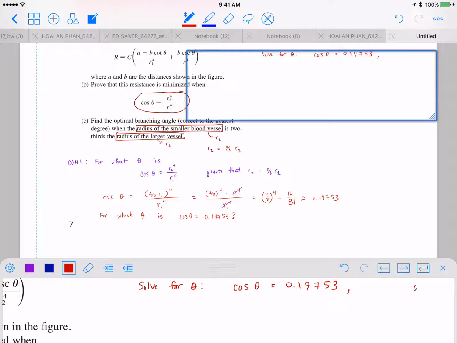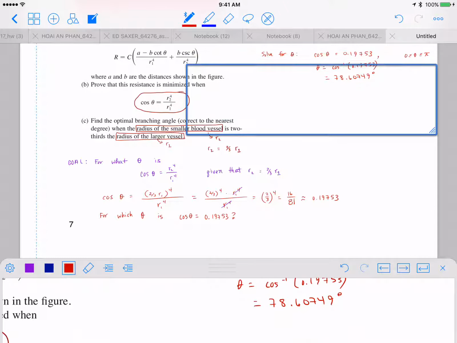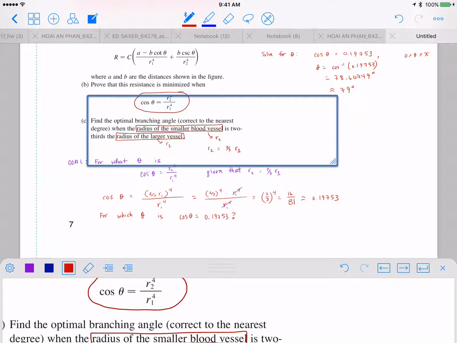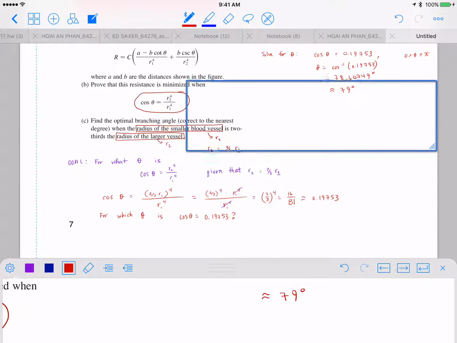Given the constraint, I believe the constraint we had was that theta needs to be between 0 and pi. We are essentially asking for cosine inverse of 0.19753. Okay, and that gives us 78.60749 degrees. We use a calculator to compute that, and so we round that up to 79 degrees. So the optimal branching angle is 79 degrees.